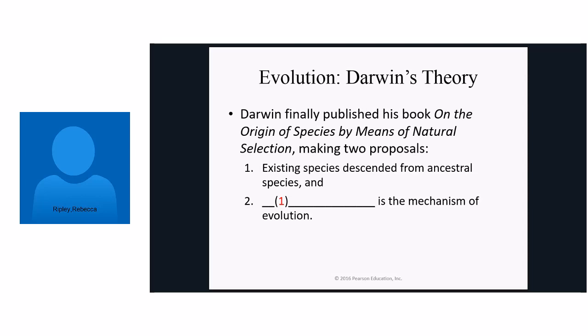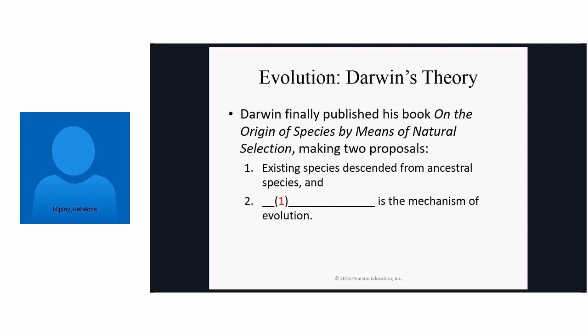Over time, the ancestors of that turtle that can reach up, some of them may have had certain genetic flukes that made their necks a bit longer, made their shells in such a shape that they could reach higher. So those turtles had a better chance of surviving, so they had a better chance of passing on their DNA, so that over a very long period of time, more and more turtles had the shell shape that allowed them to reach higher. If they're able to get more food, they're going to be able to survive better in that environment. So that's what natural selection is.